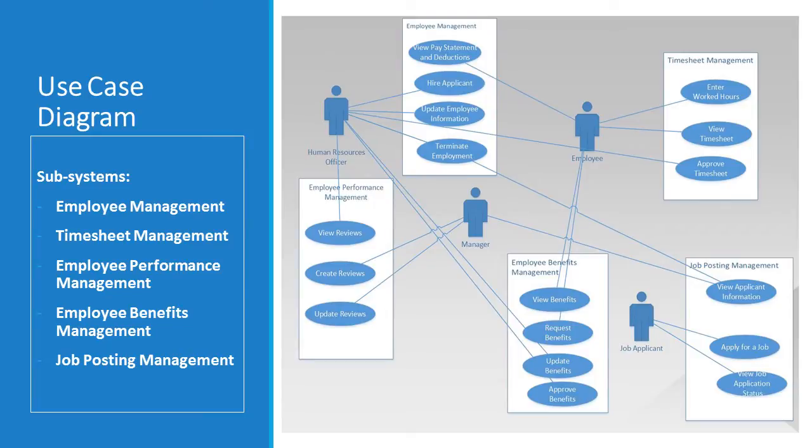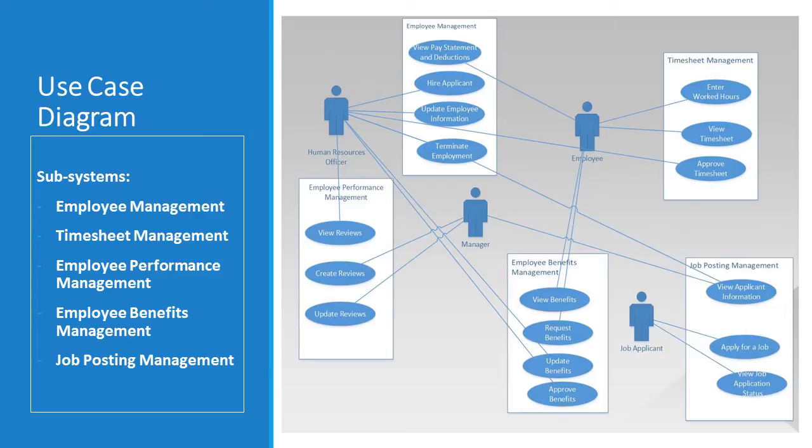Here's the use case diagram, in which you can see we divided the big system into 5 major subsystems. In the employee management, the employee will be able to view the pay statements and deductions for each paycheck. The employee will also be able to use the timesheet management, which you see here at the right side of the employee.